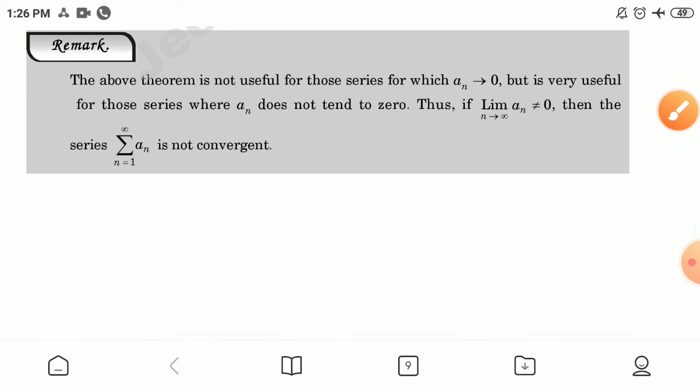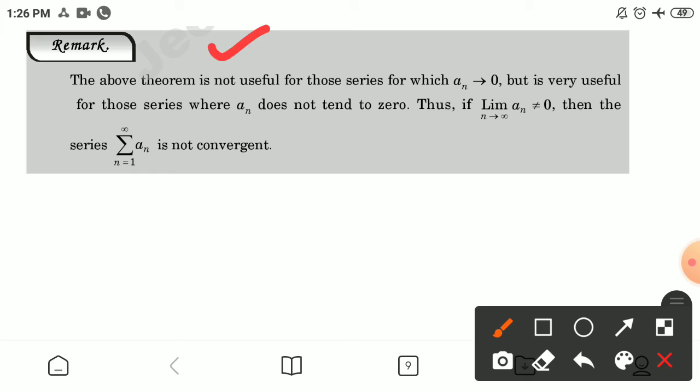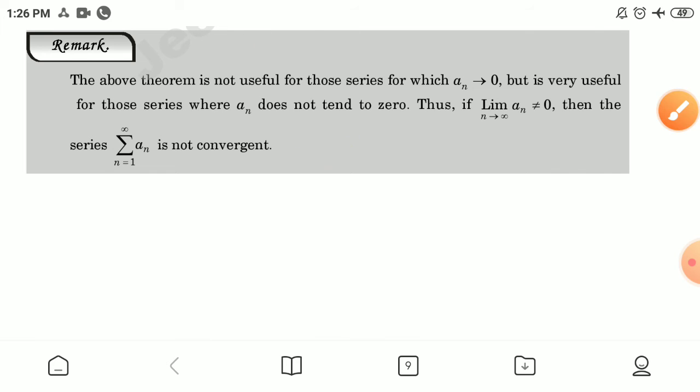Now making a remark: the above theorem is not useful for those series for which the limit of an is equal to 0, but is very useful for those series where an does not tend to 0. Thus, if the limiting value of an as n tends to infinity is not equal to 0, then the series Σan is not convergent.